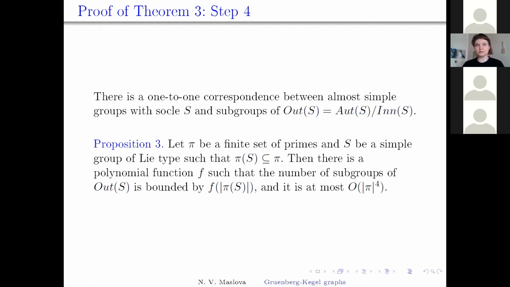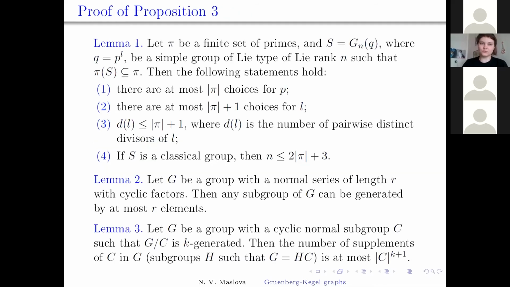So we can forget about sporadic or alternating groups. For the alternating group on 6 points, there are at most 5 possibilities: the alternating group, PGL(2,9), M10, S6, and the full automorphism group of the alternating group on 6 points. At most 5 choices. So let us finish this proof for groups of Lie type.